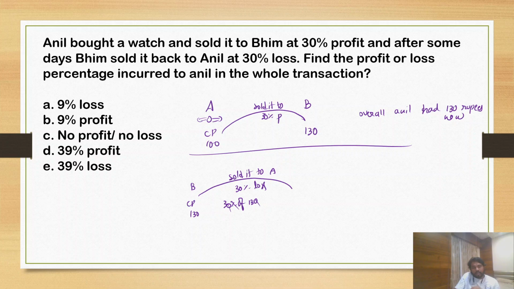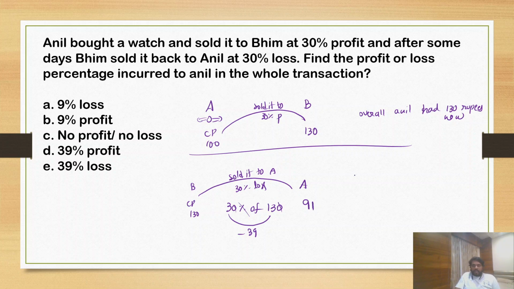I'm writing it neatly, guys. 30% of 130: cancel two zeros and multiply 3 into 13, which is 39. He sold it at a loss of 39 to Anil. So Beam sold it to Anil at 130 minus 39, 91 rupees.